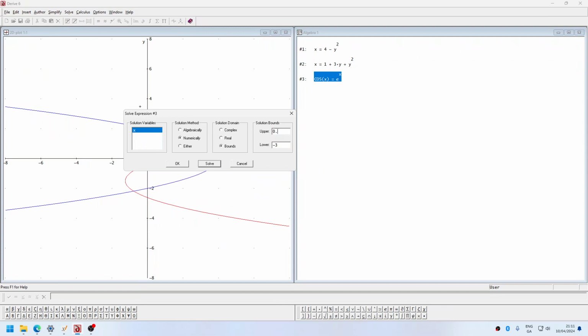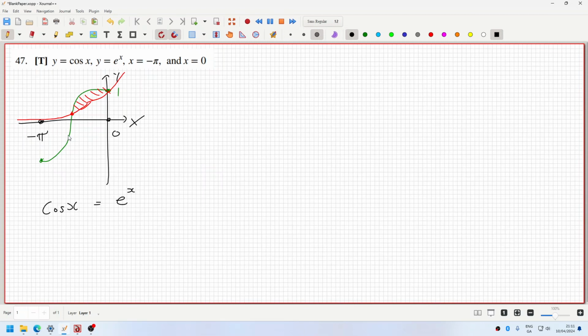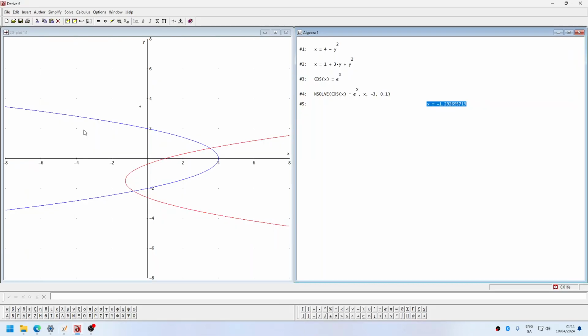Minus 1.293. Yeah, about halfway, it looks like. 1.293.